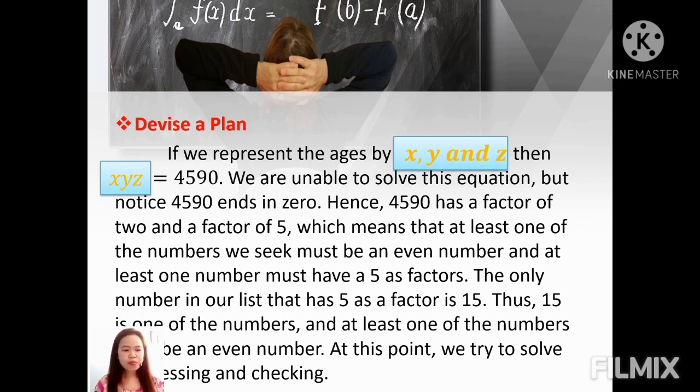So, first, notice na the last digit of the number 4,590 is 0. Diba? Yung pinakadulo niya. Now, in other words, 4,590 has a factor of 2 kasi even siya and a factor of 5.